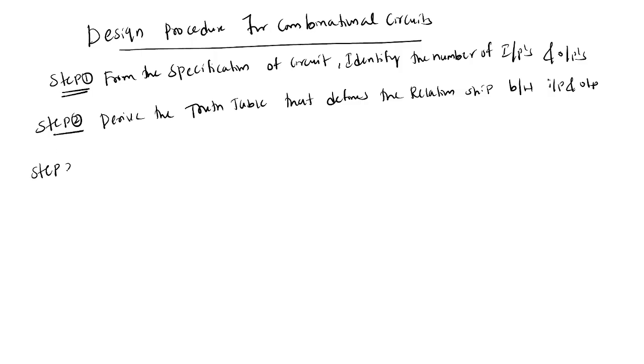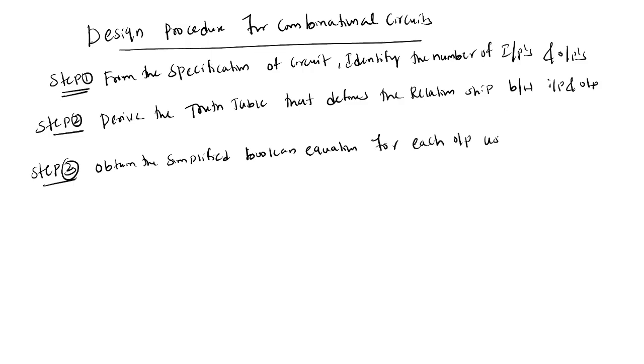Step 3: obtain the simplified Boolean equation for each output using K-map.